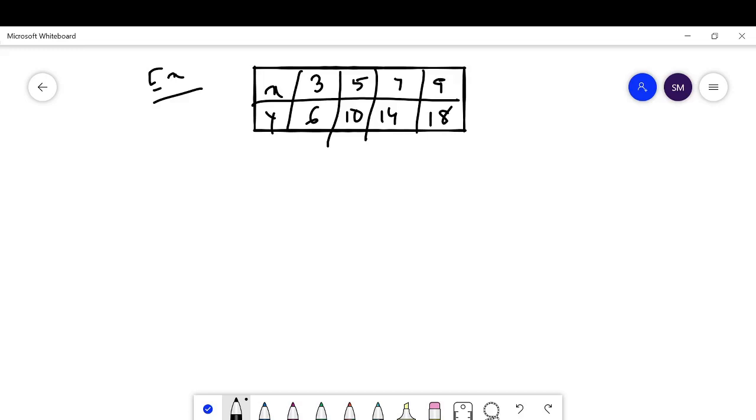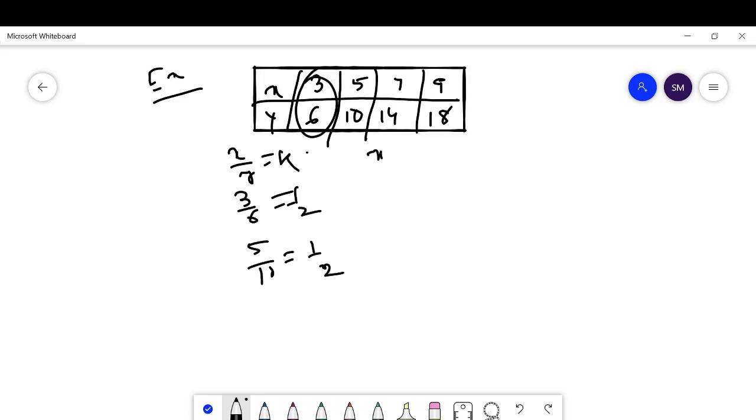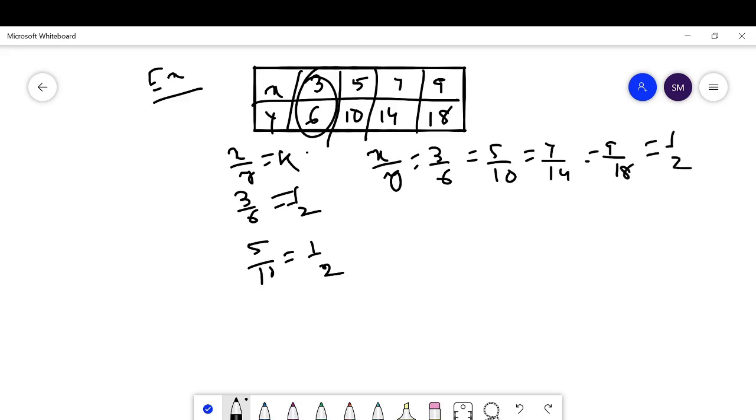In case of direct variation, x upon y is a constant. In this case, 3 upon 6 is 1 upon 2, 5 upon 10 is 1 upon 2, 7 upon 14 is 1 upon 2, 9 upon 18 is 1 upon 2, a constant.